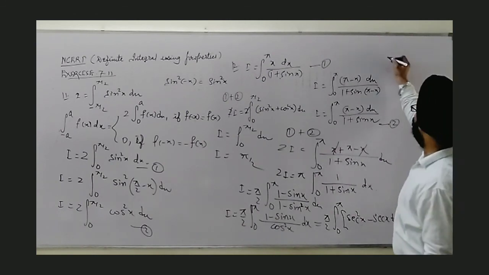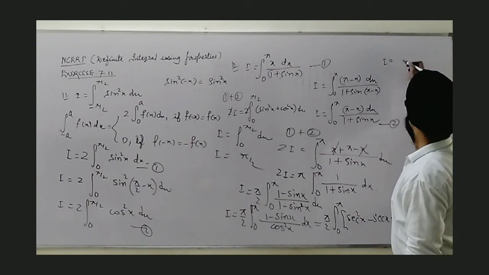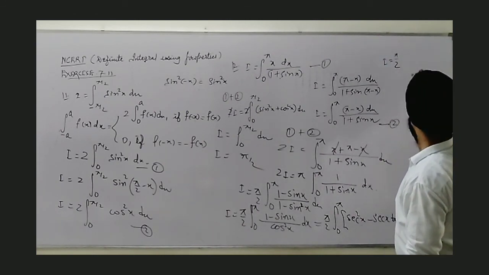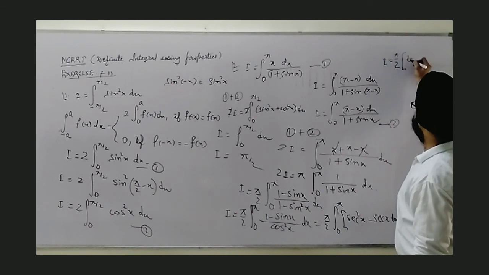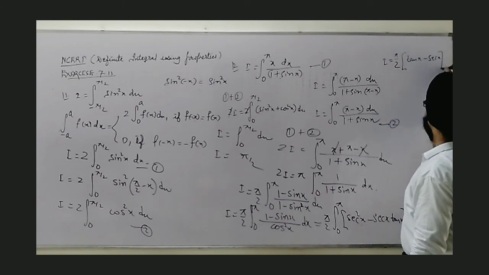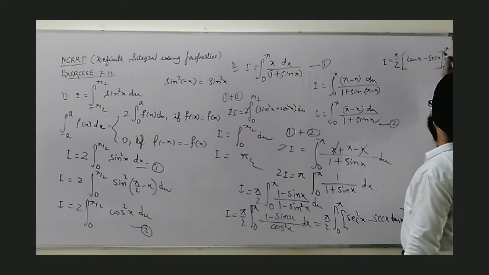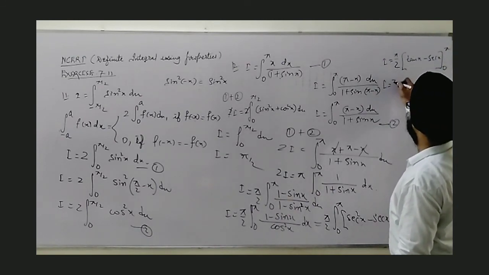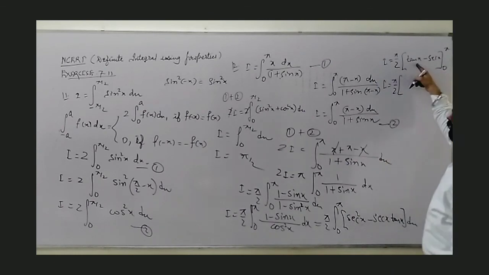We have I equal to pi by 2, sec square x becomes tan x, minus the integration of sec x tan x, which is sec x, with limits 0 to pi. Now solving, I is equal to pi by 2 times tan pi, which is 0, minus sec pi, which is minus 1.